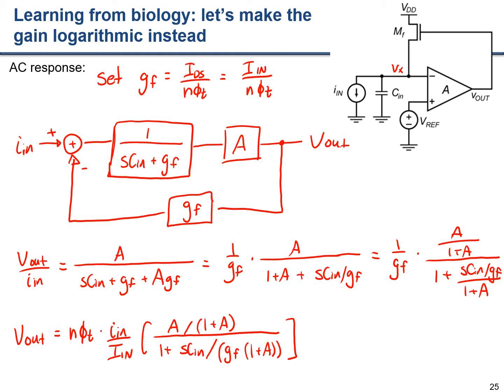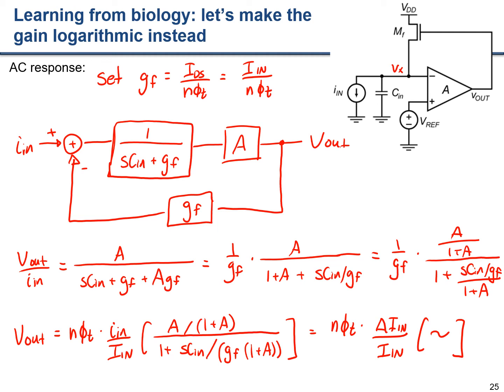So in other words, what we're saying is that the output voltage in this case, all I've done is replaced GF with the definition I showed above there, is that the output voltage is now proportional to the AC input signal and inversely proportional to the DC of the input signal. In other words, it's equal to n phi t times delta I in, or the change in the input current, divided by the absolute input current times, and so on.